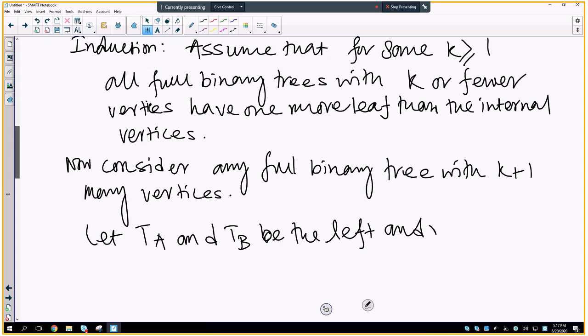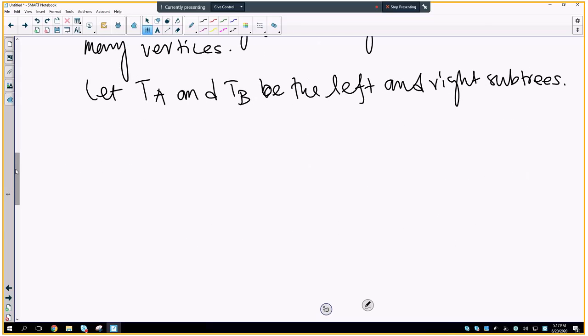The total number of vertices in these subtrees is strictly less than k plus 1, because at least the root is not part of these two subtrees. So both TA and TB have fewer than k plus 1 vertices.